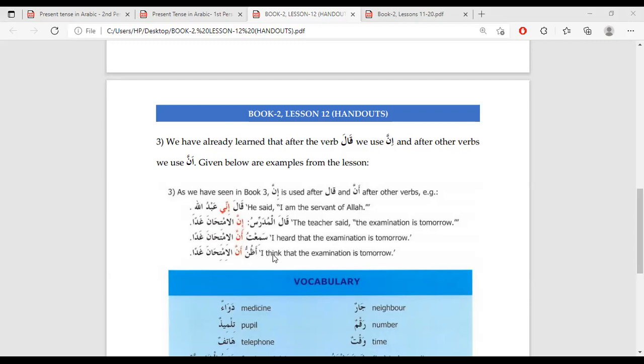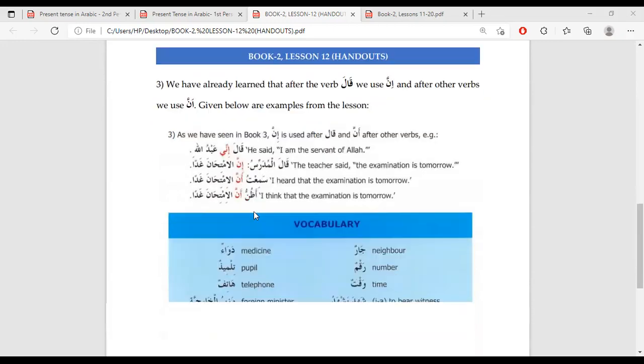Yeah, so that example is also the use of anna. So ashhadu is not from the family of qala, so that's why after that we use anna. Whereas after qala and any of the forms of qala we use inna.